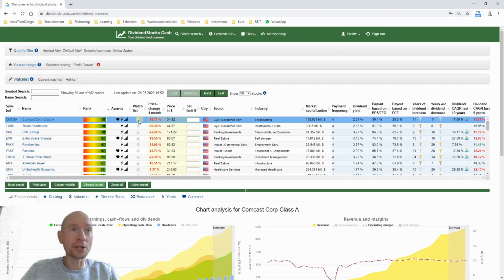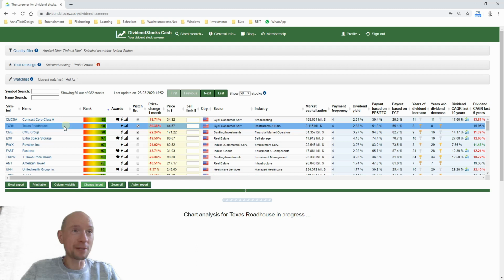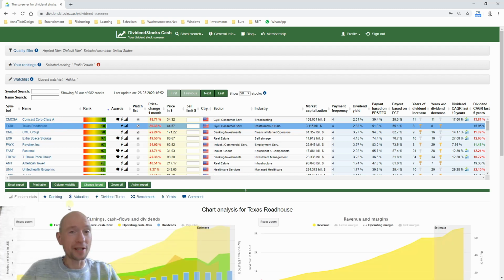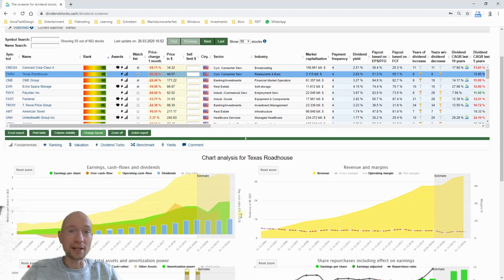Okay, then you could just add these stocks to your portfolio. I'm doing it a little bit fast. Of course, you should make your analysis a little bit deeper. For example, Texas Roadhouse. It's a cyclical company. And cyclical nowadays means that there might be a problem, especially for restaurants.